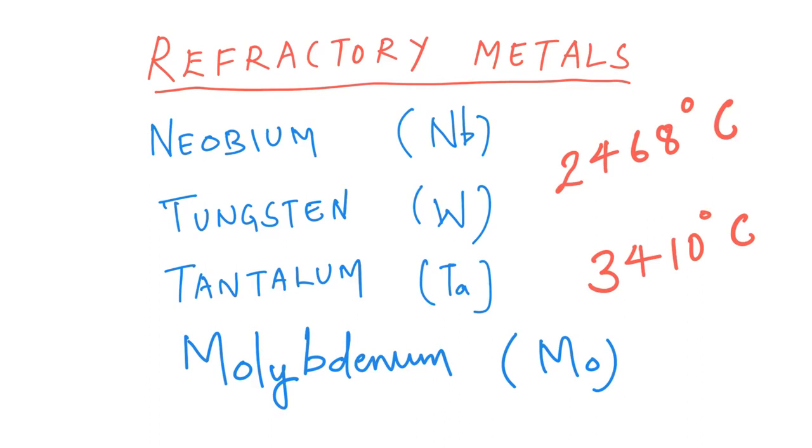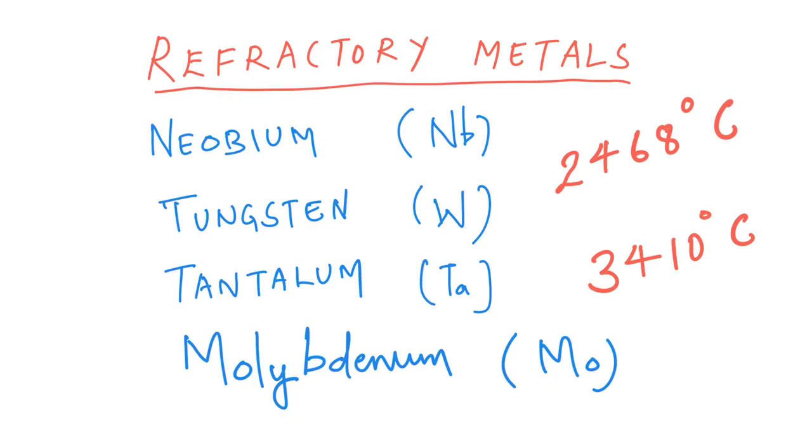Moving ahead to the next class of non-ferrous alloys, we would like to talk about refractory metals. As the name indicates, these metals have a very high melting point, so they are very suitable for applications in which high temperatures are involved. Their melting point is in the range of 2468 degrees Celsius to 3410 degrees Celsius.